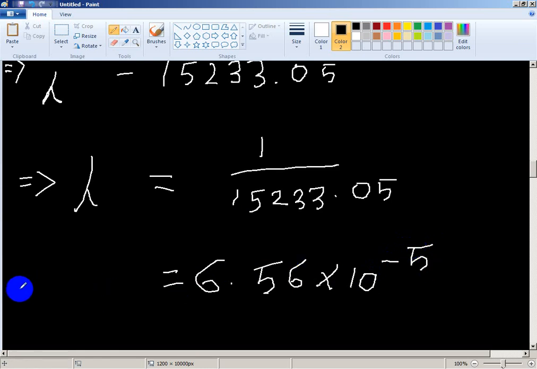Okay, what is the unit of lambda? This is the wavelength found.